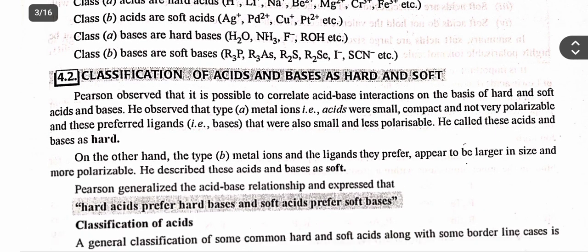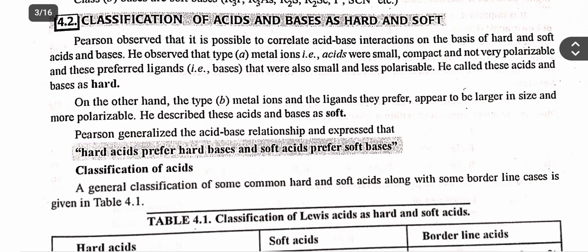Now, classification of acids and bases as hard and soft. Pearson observed that it is possible to correlate acid-base interactions on the basis of hard and soft acids and bases. He observed that type A metal ion acids were small, compact, and not very polarizable, and these preferred ligands that were also small and less polarizable.